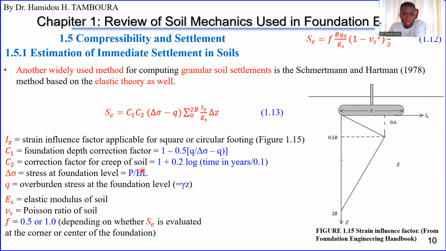Sorry, just to go back. The Q here is the surcharge, the overburden stress, so gamma multiplied by Z. Depending on which depth you are at, you put the corresponding Q. And this delta sigma is the variation of stress, which is the load you are applying divided by the footing surface, so P divided by B multiplied by L. The Q here is this one, the delta sigma here is this one, the same Q here.